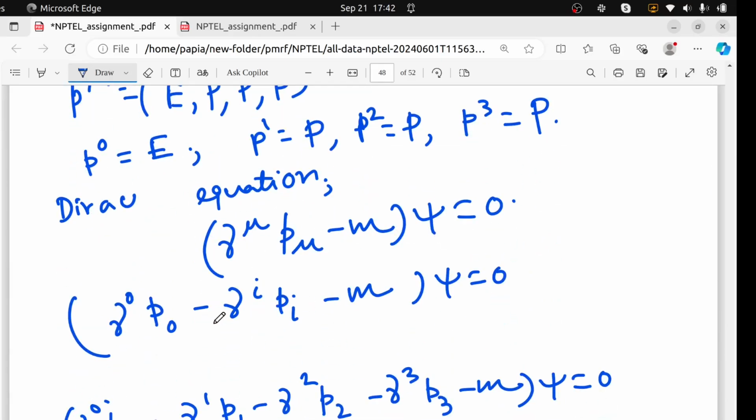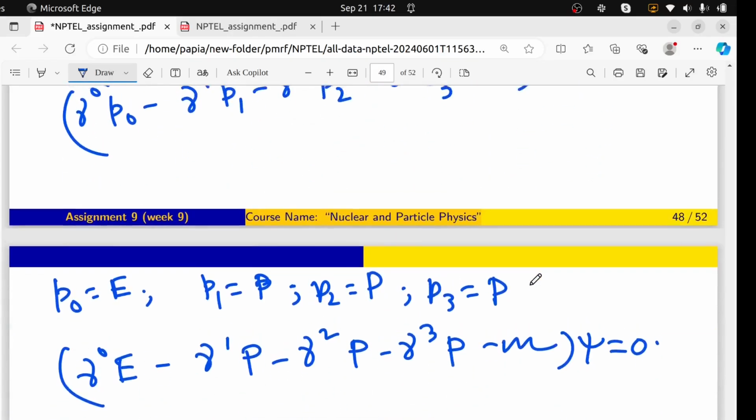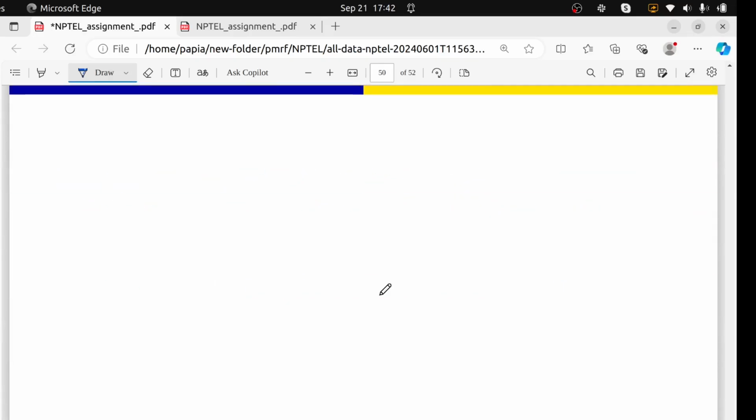Then if I expand that, gamma 0 P0, gamma i P i, and as it is covariant and contravariant, there will be a minus sign before it. So it is gamma 0 P0 minus gamma 1 P1 minus gamma 2 P2 minus gamma 3 P3 minus m psi equals 0. Then we just put in the values: gamma 0 E minus gamma 1 P minus gamma 2 P minus gamma 3 P minus m psi equals 0. So this is the expression.